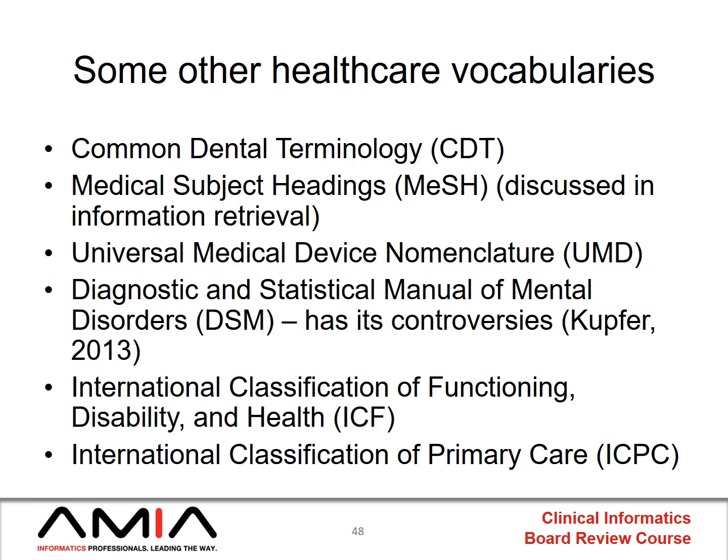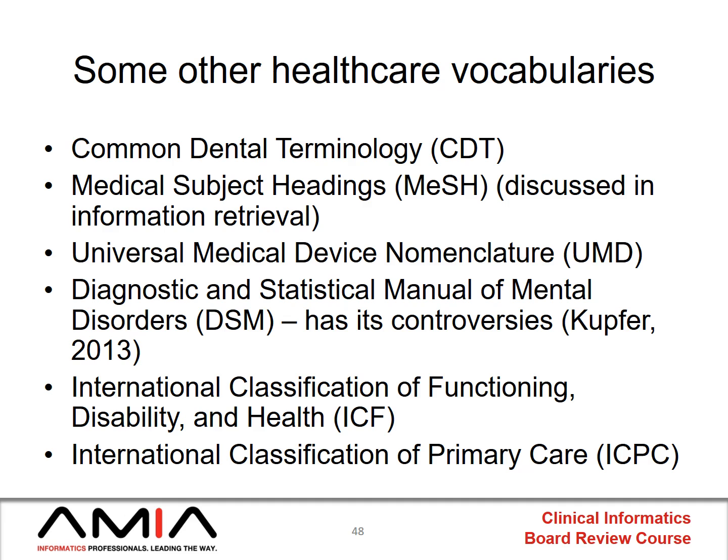There are some other healthcare vocabularies worthy of mention listed on this slide. One is the common dental terminology, which is equivalent to CPT, but for dentistry. There's also the medical subject headings or MeSH vocabulary. We'll talk about that vocabulary when discussing information retrieval. There's the universal medical device nomenclature, which provides naming for medical devices.